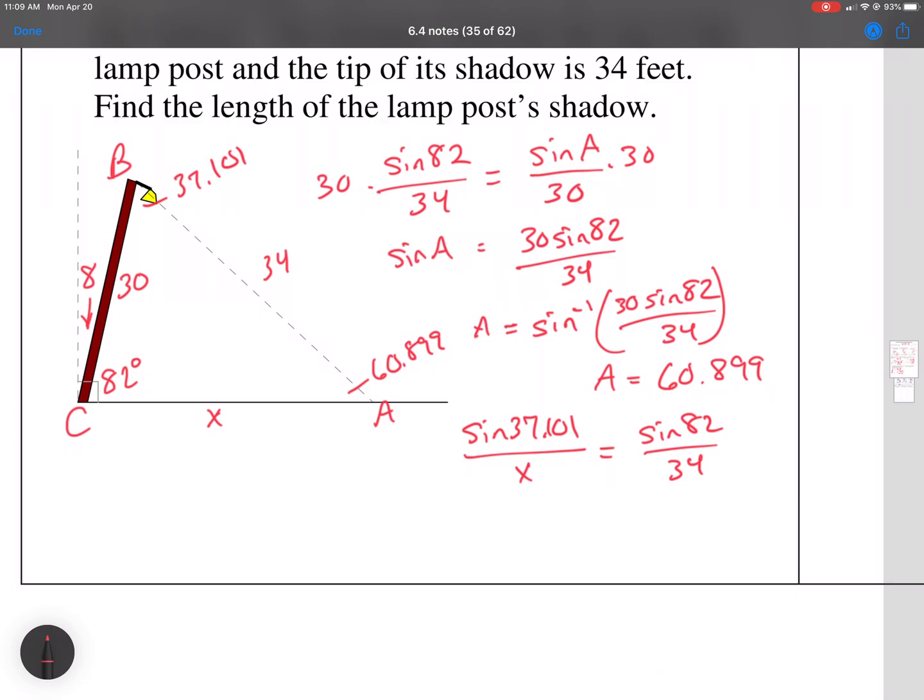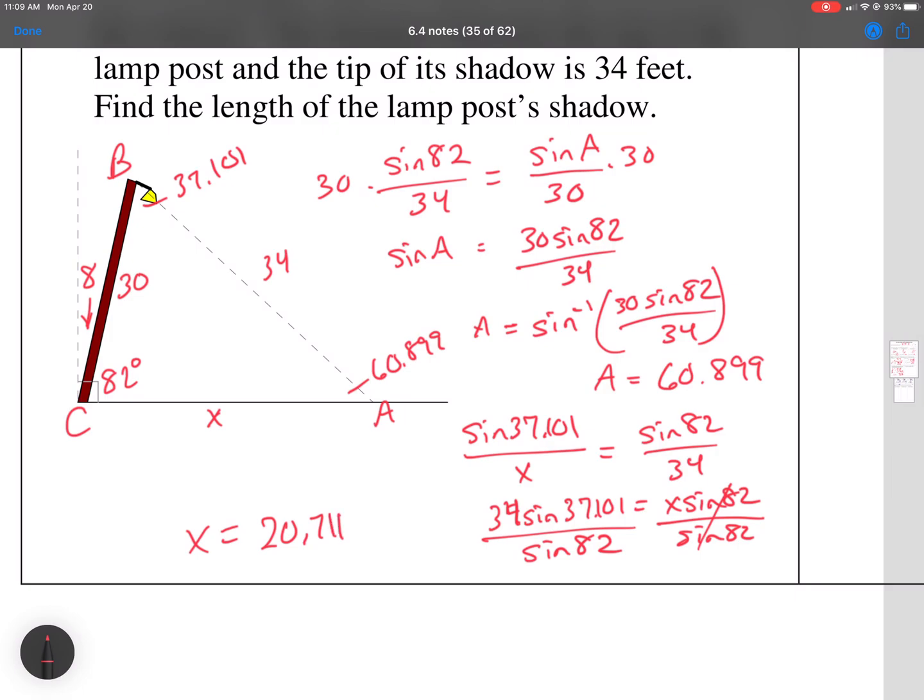Now we'll cross multiply: 34 sine of 37.101 equals x sine 82, divided by sine of 82, and x equals 20.711. And there's your answer.